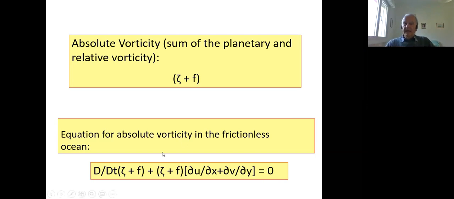So we have only these two terms. This d/dt is the absolute derivative, which consists of a partial derivative and an advection term. So you have, on one hand, the local variations of absolute vorticity, and then you have the advection of the vorticity.